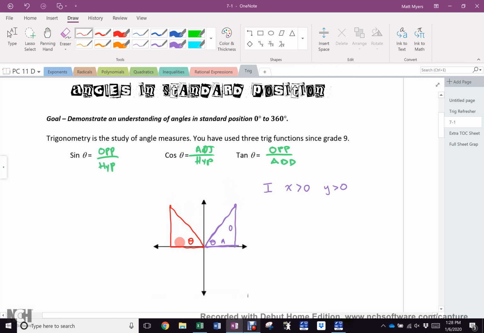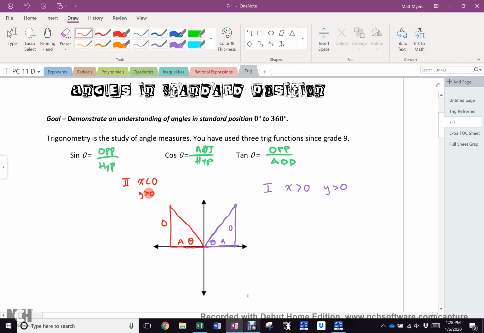Is this still adjacent? Is this still opposite? What do I know about those opposite and adjacent values now? Right, in quadrant 2, x is less than 0, or negative. And y is greater than 0, or positive.